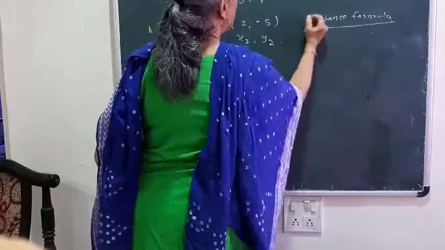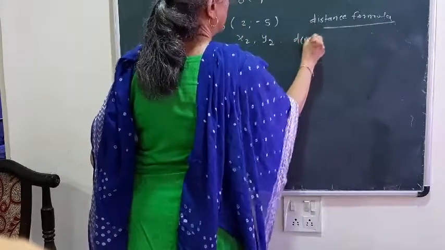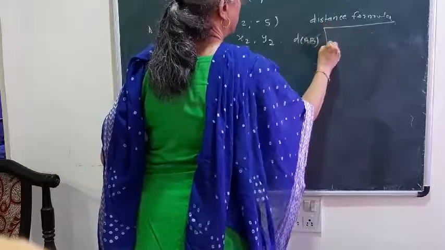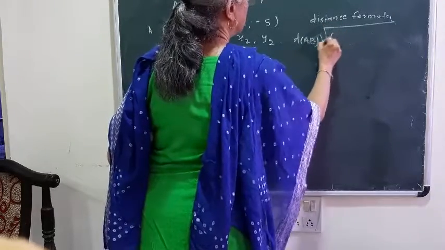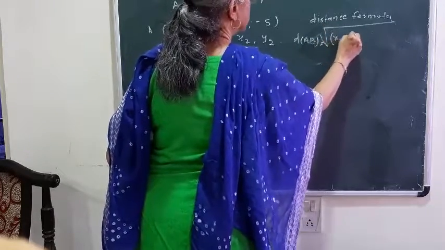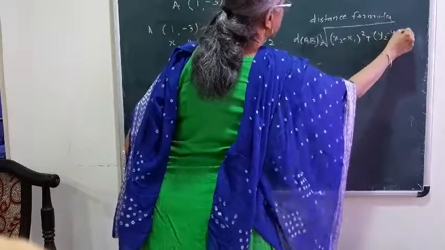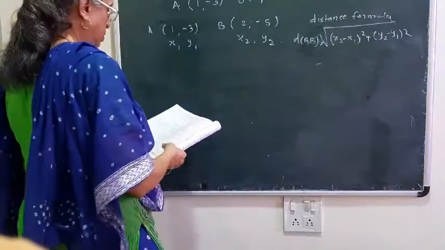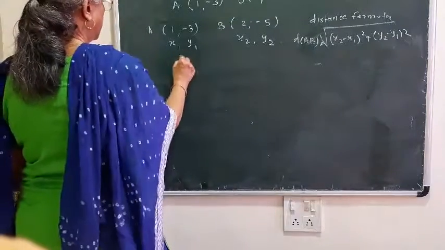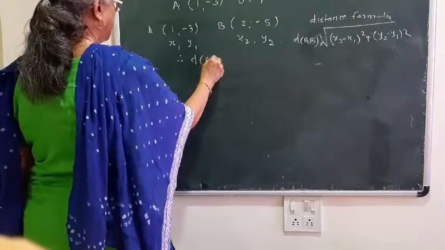Distance AB is equal to root of (x2 minus x1) bracket square plus (y2 minus y1) bracket square. Followed? So here we are going to calculate DAB.